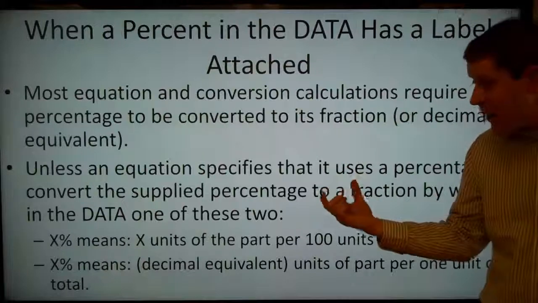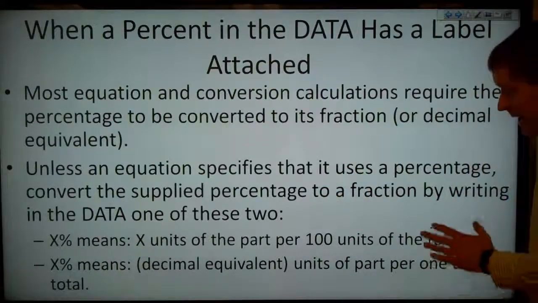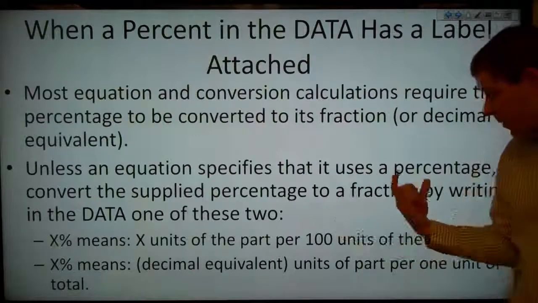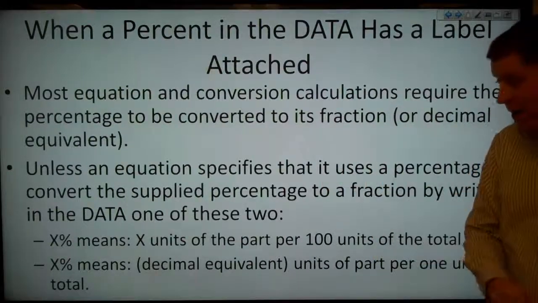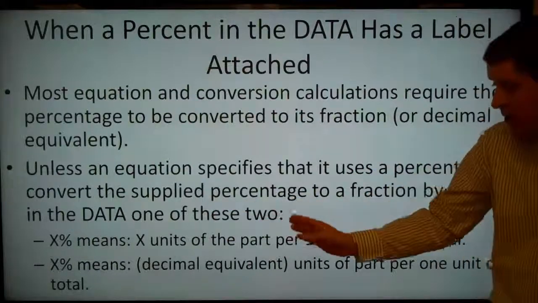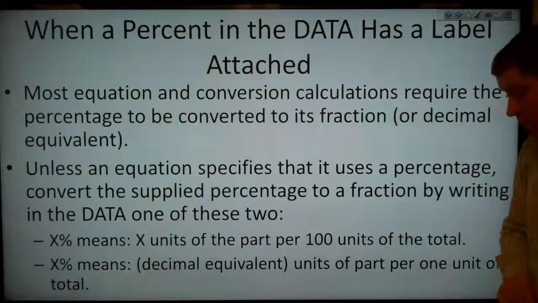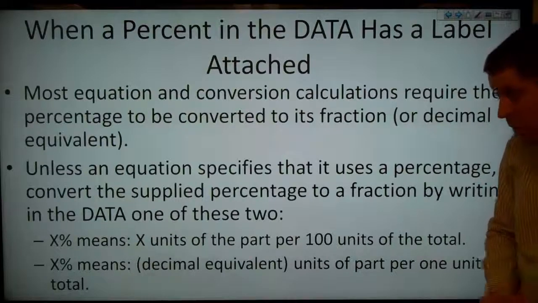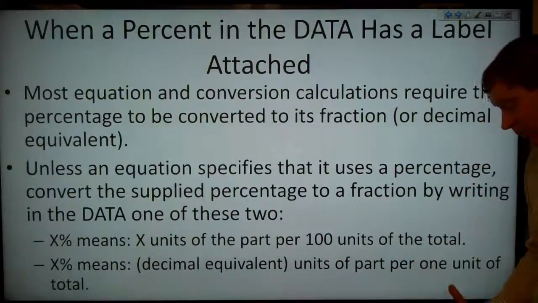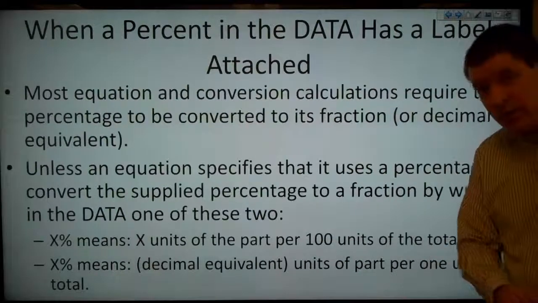So unless an equation specifies that it uses a percentage, you want to convert that supplied percentage to a fraction by writing in the data one of these two. Either X percent means X units of the part per 100 units of the total, or X percent means the decimal equivalent units of part per 1 unit of total.